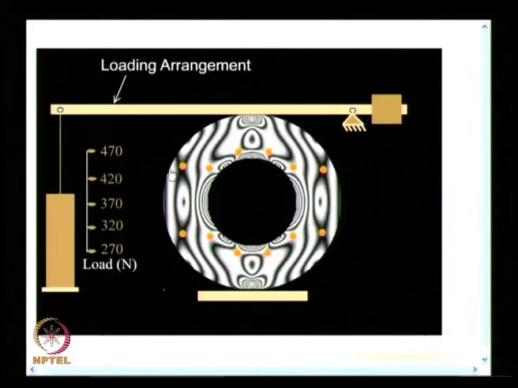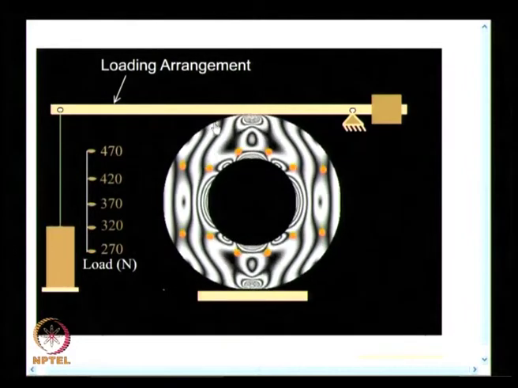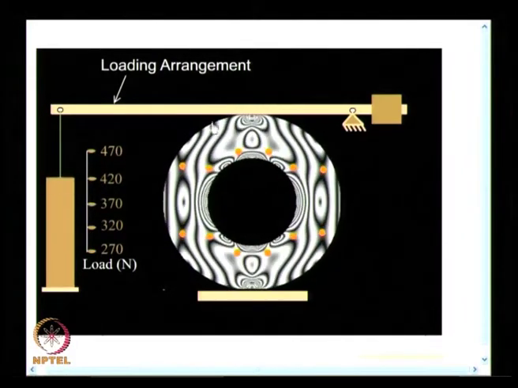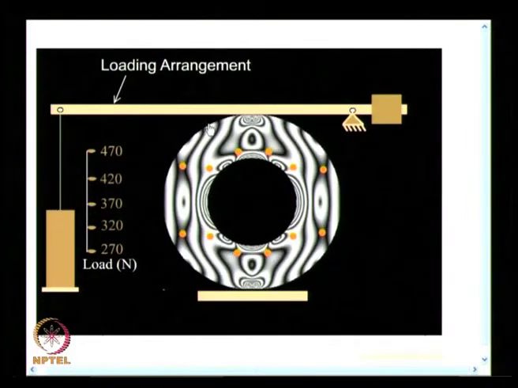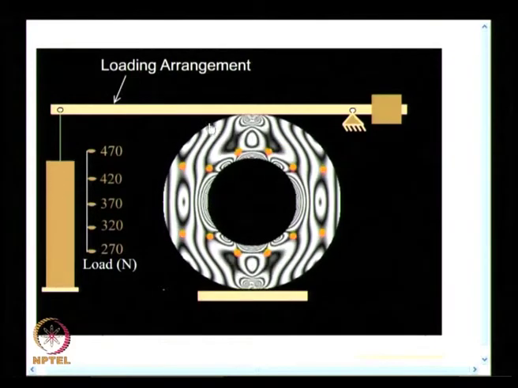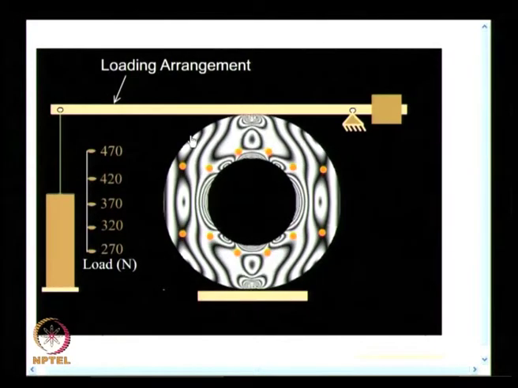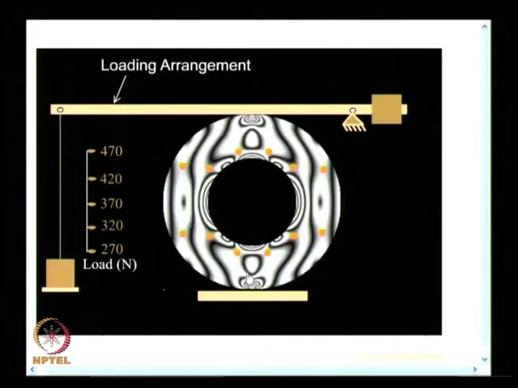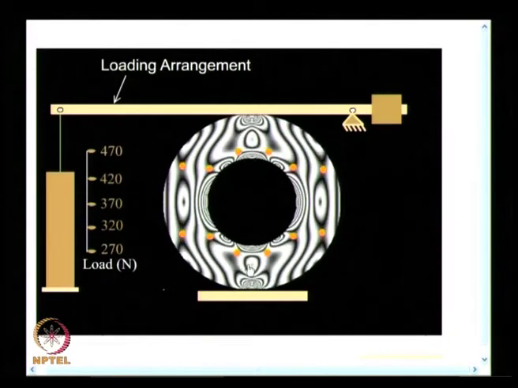Whenever I cross the fringe order 0, the sign of the boundary stresses changes on the boundary. You have to understand that. When I cross 0, I can cross only when there is a sign change, and you have 2 sinks in the ring under diametric compression.